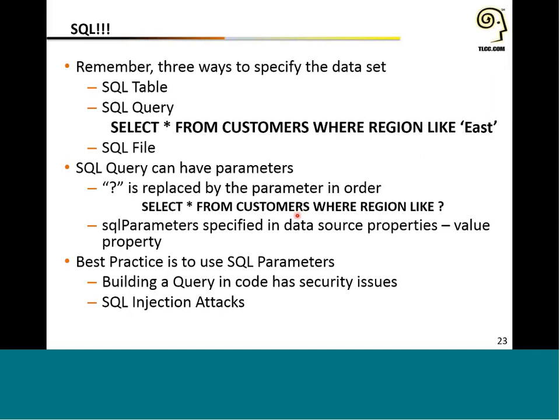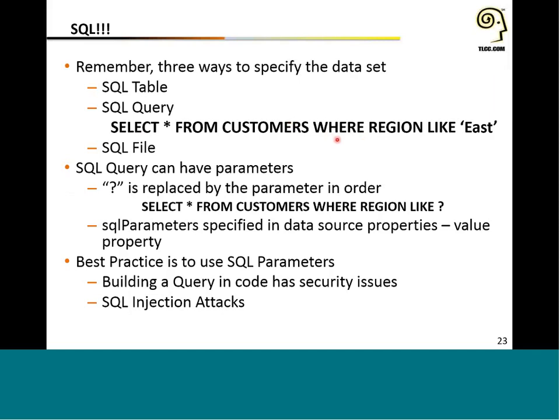Now, of course, when we're developing an XPage, we're probably going to want an XPage where, in this case, they can select the region. If you remember, the sample data has east, west, north, and south for region. They want the user to be able to select what region they want to display and just show the customers from that region. So we can build the SQL query in our XPages SQL query property.